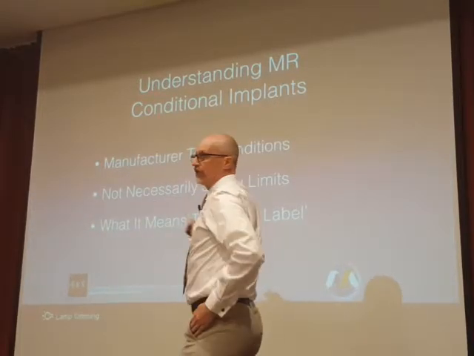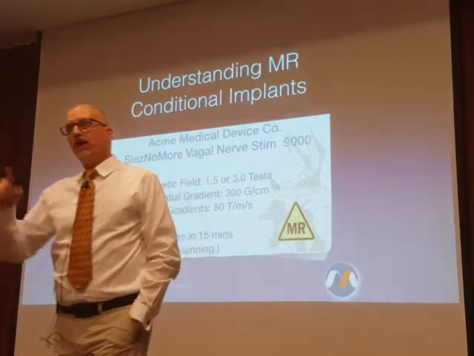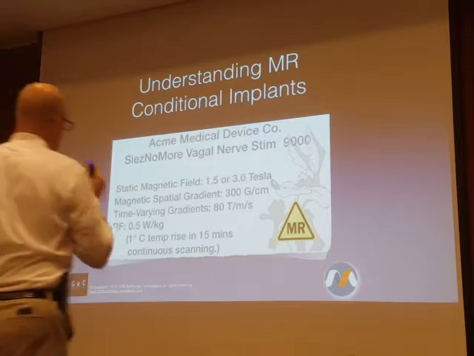So what does it mean to go off-label? Going off-label, or scanning a patient with conditions outside of the prescribed MR conditions on the label, does not necessarily mean that you're subjecting the patient to greater risk. So I made up this artificial implant.